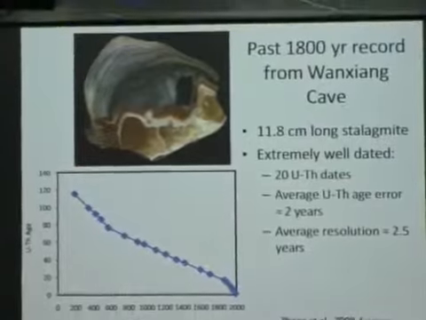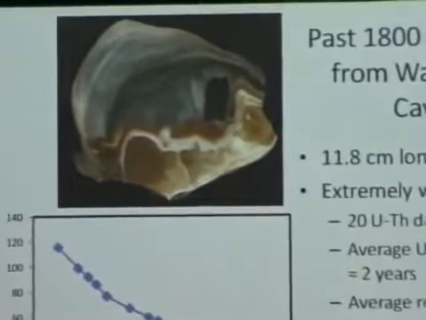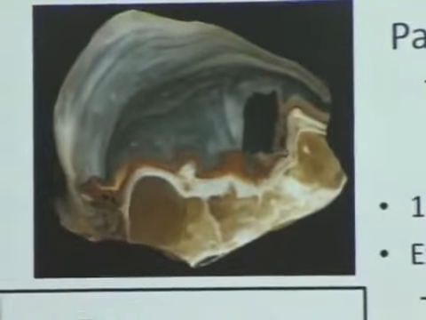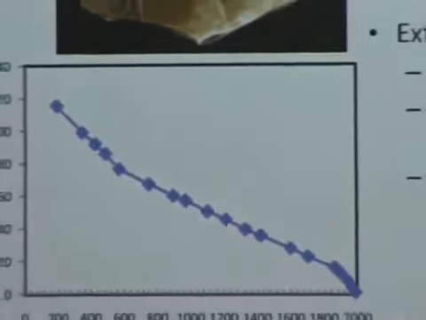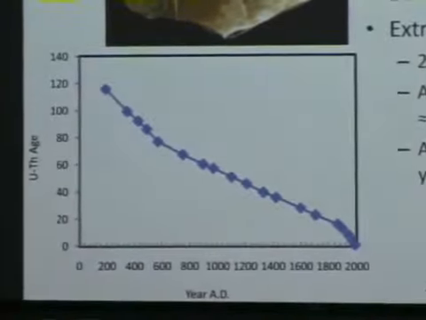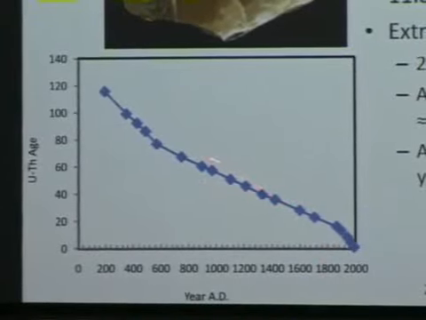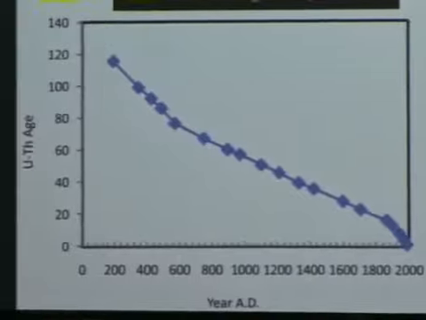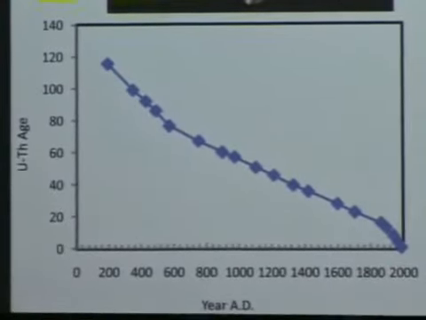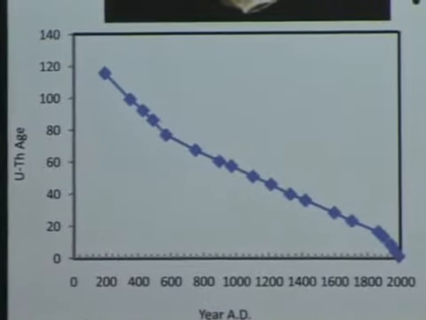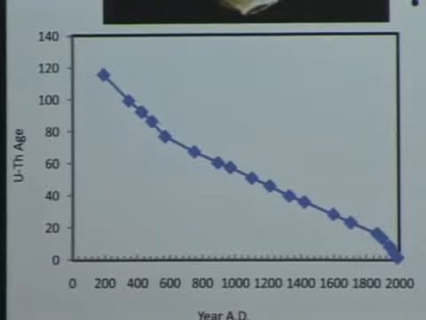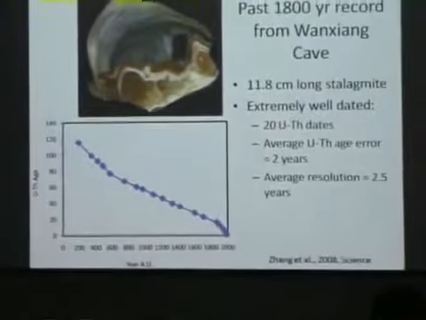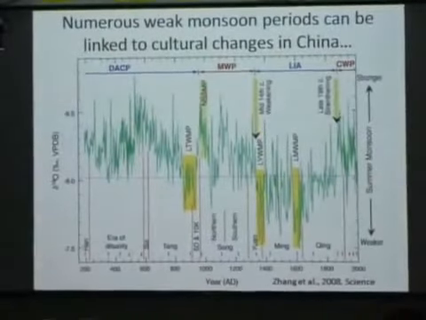And it has 20 uranium-thorium dates with an average uranium-thorium age error of around 2 years, which is quite spectacular, actually. Although I think the actual error in the age model is somewhat larger than that, but still, it's extremely well dated and grew over the past 1,800 years and has been sampled and measured at a resolution of about 2.5 years per sample.